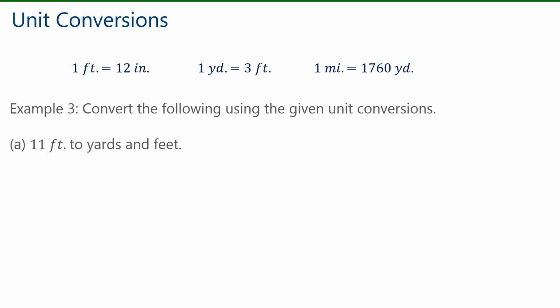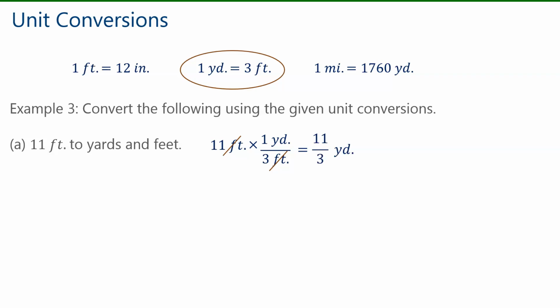Now one more example. In A we had 11 feet, and we got to change that to yards and feet. So let's start by changing feet to yards. We have 11 feet. To change this into yards, I will multiply that by 1 yard over 3 feet, so that the feet can cancel. Now I need to divide 11 by 3. Now 3 doesn't divide into 11 evenly, so what we need to do here is change this to a mixed number.